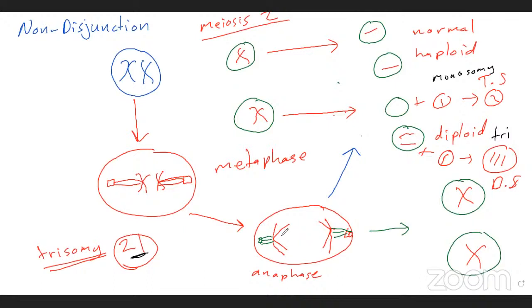Because in anaphase, you pull them apart evenly, and in non-disjunction, it's not supposed to pull apart.